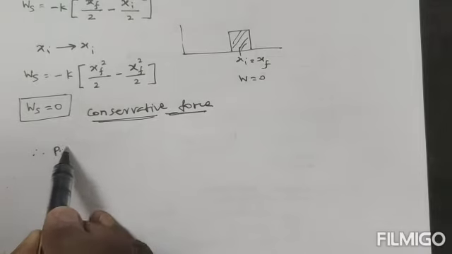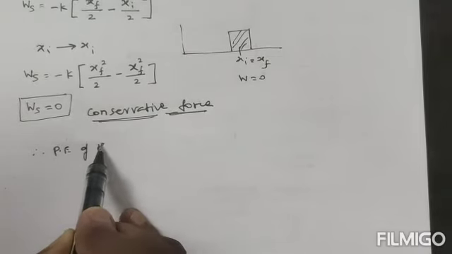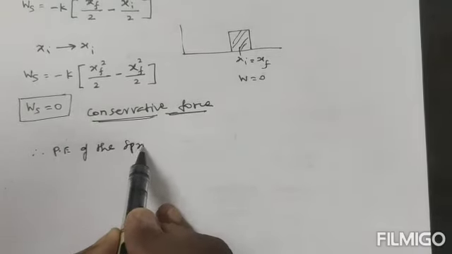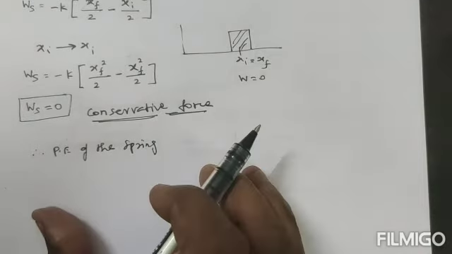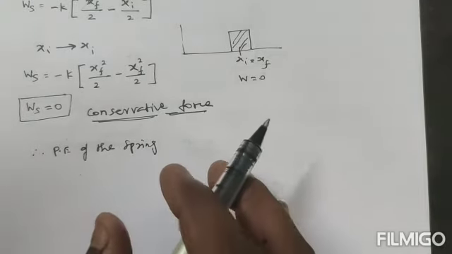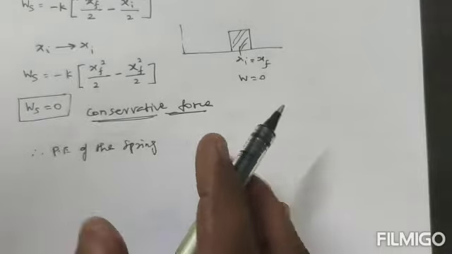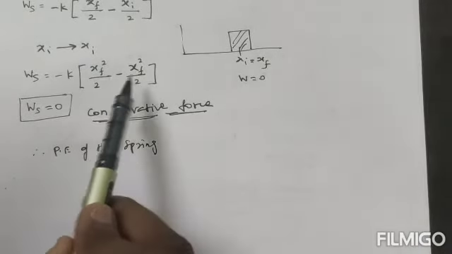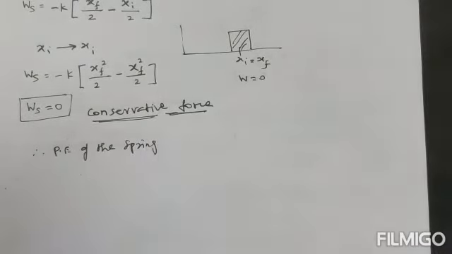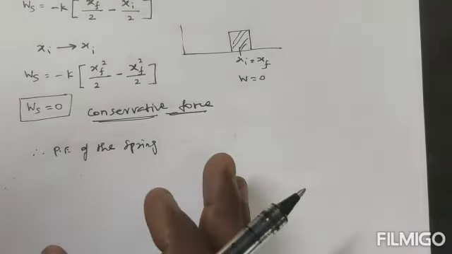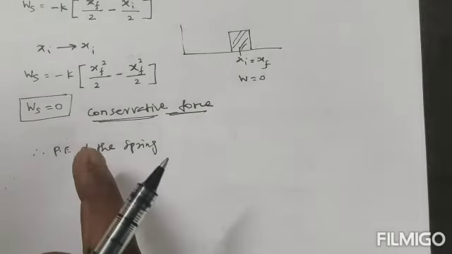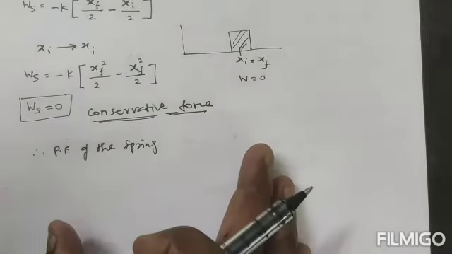Therefore, the potential energy of the spring. Why can we say it is a conservative force? Because it purely depends upon the position, not the path. Only the initial and the final position matter. So it is known as a conservative force.